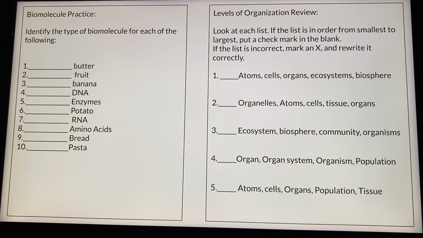If the list is incorrect, mark an X and rewrite the order correctly. You're going to have to refer back to your notes, or any of the worksheets or the PowerPoint that I did last week, and work on that one. Remember, do not do the one on the left where it says biomolecule practice. I want you to do the levels of organization. And that's pretty much it for now.